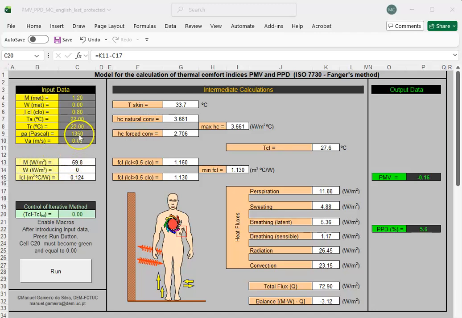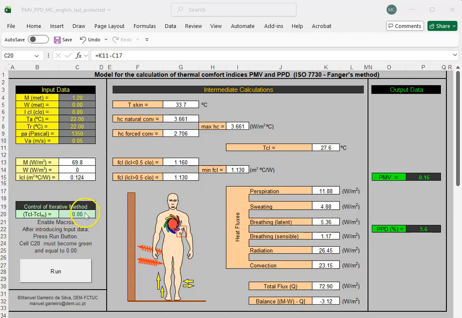Next, we have the calculation of these three input values in SI units instead of using the units that were introduced by Fanger in his method. And here we have the control of the iterative method.